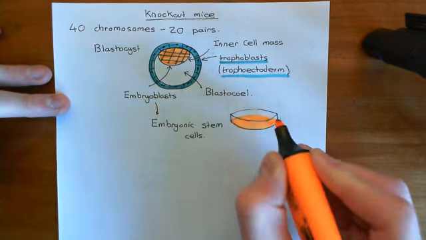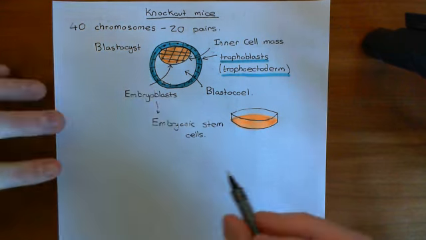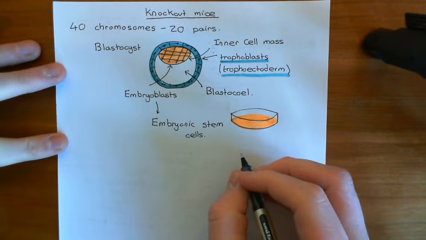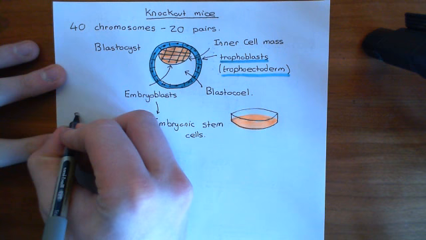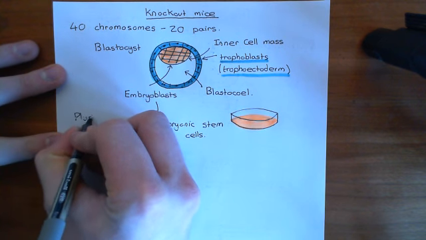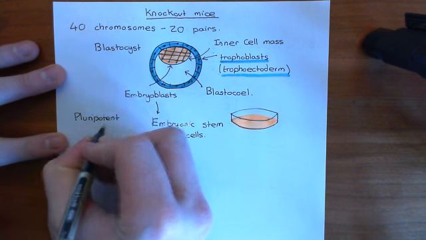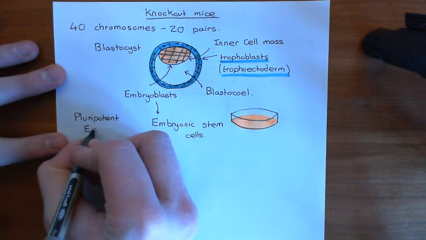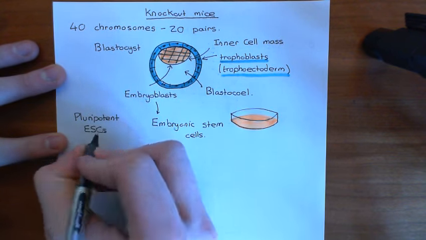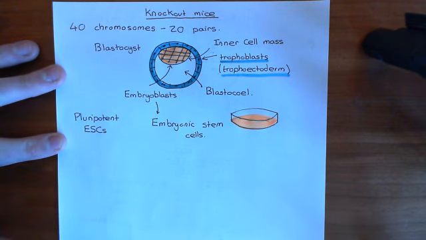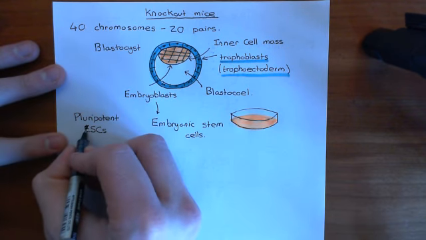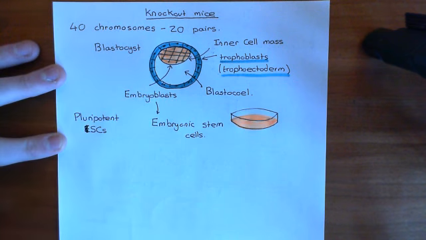So here is a plate now of embryonic stem cells. Just a little bit of nomenclature for you. These cells are what are known as pluripotent stem cells, and for short, embryonic stem cells are often abbreviated to ESCs. Oh, sorry, it should be pluripotent stem cells. Get rid of the embryonic stem cells.